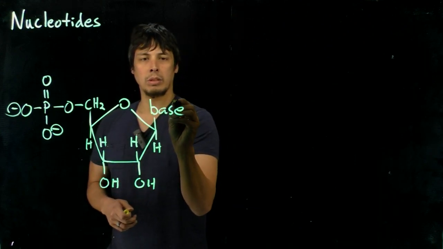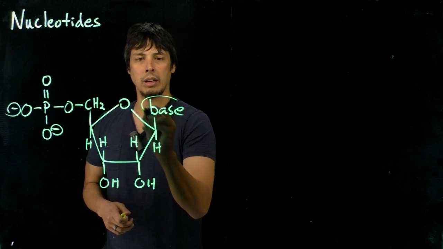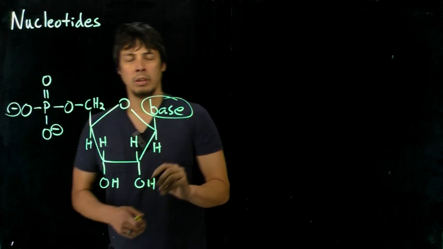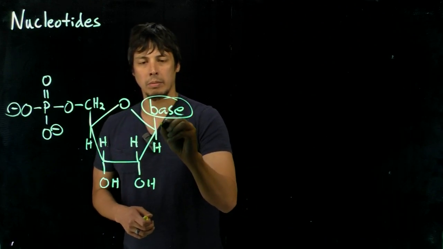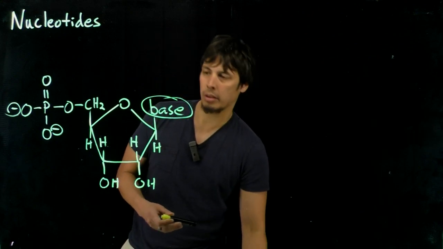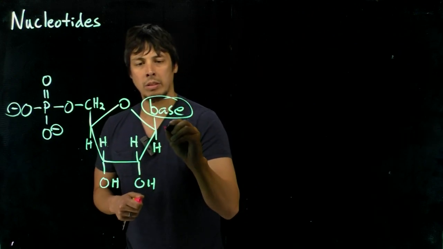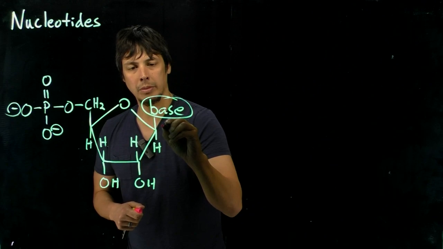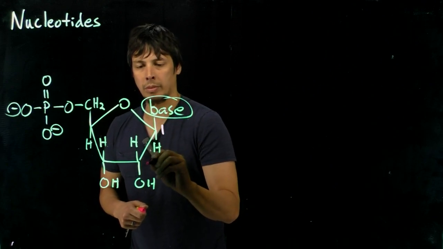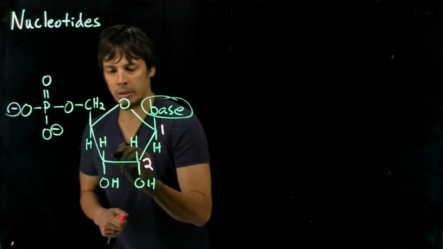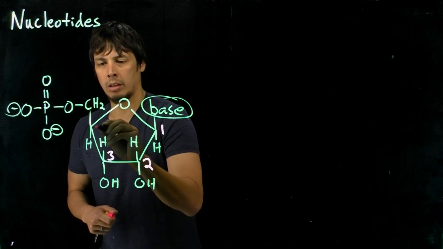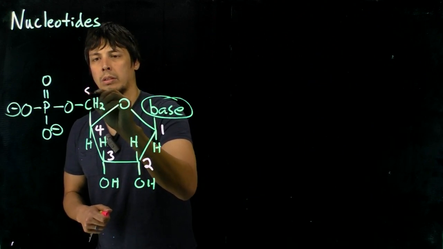So we have what's called a nitrogenous base that's attached to the ribose. If we look at the numbering system, the numbering for this is where our anomeric carbon would be. So this is carbon 1, here's carbon 2, carbon 3, carbon 4, carbon 5.